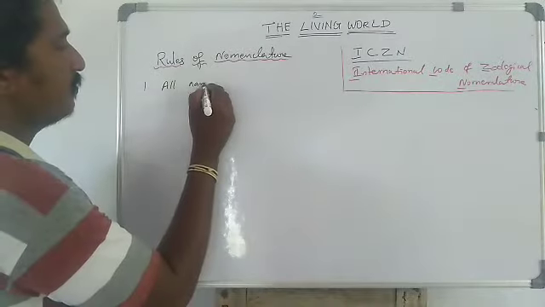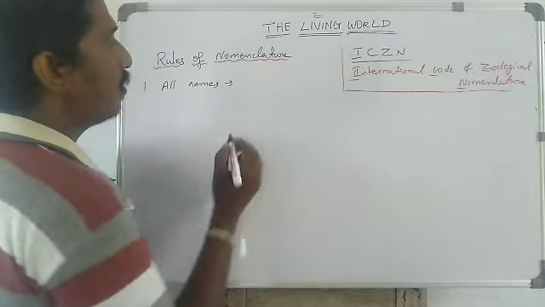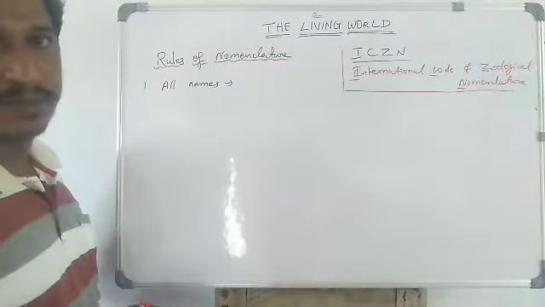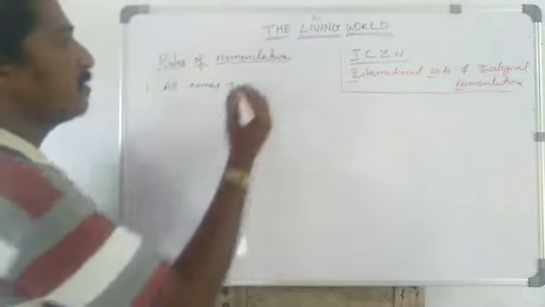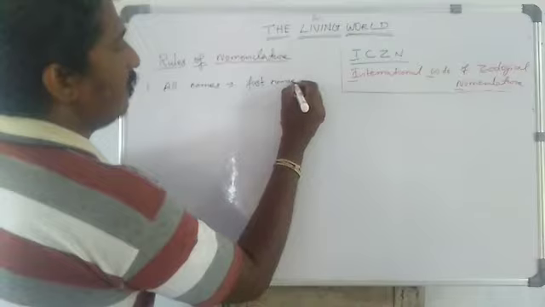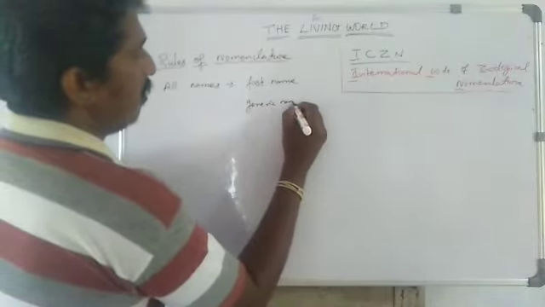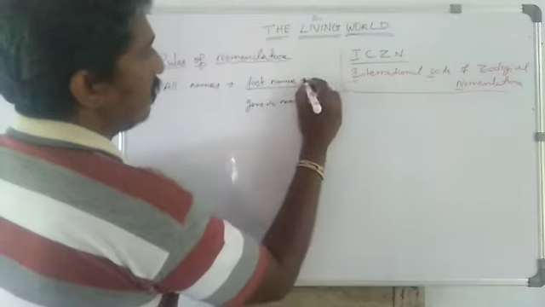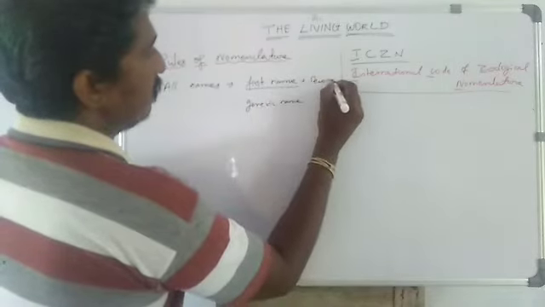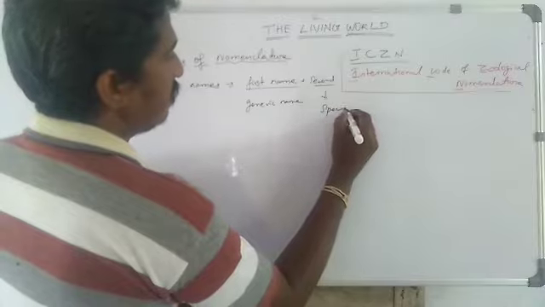All names have two words. The first name is the generic name, plus the second name is the species name.